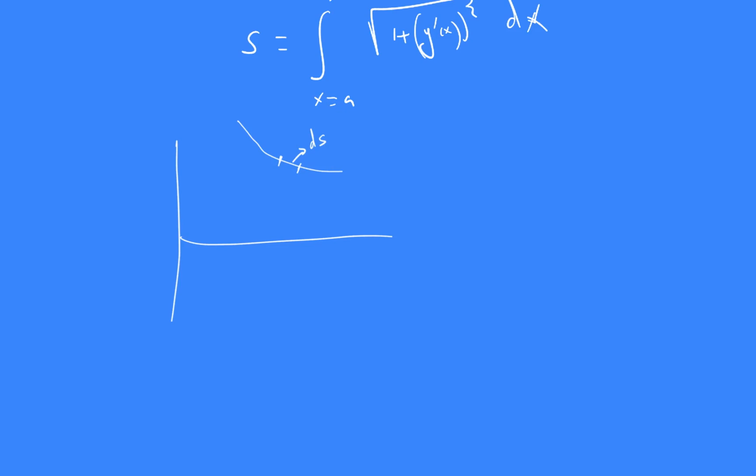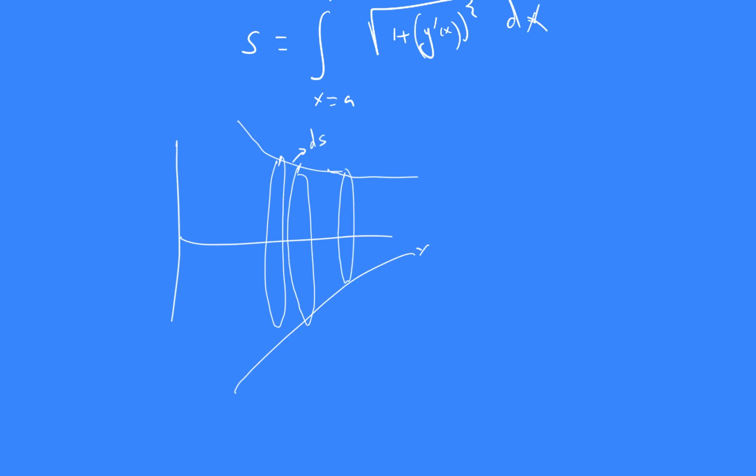And when I revolve this curve around the x-axis, I will find a figure that has volume. I know how to use this method to find the volume. Okay, but what about the surface area? What is the equation that I have to use to find the surface area?